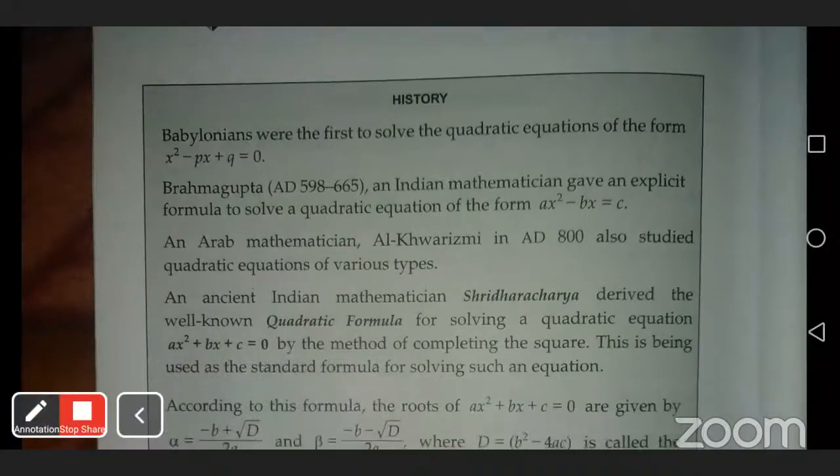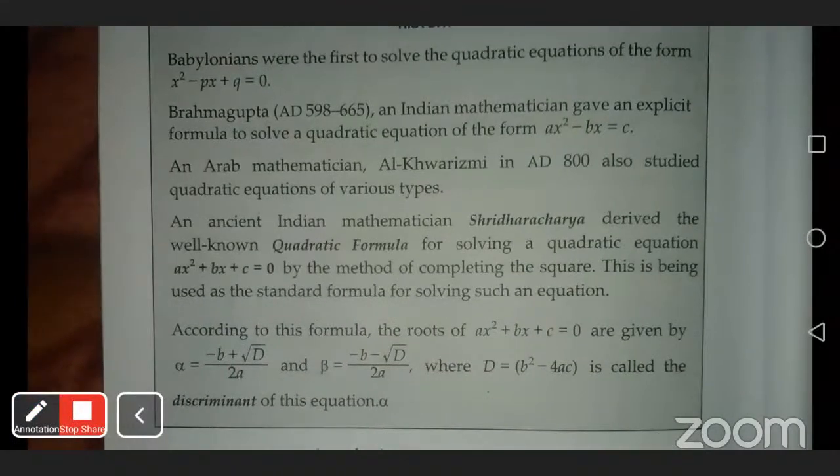During that period, an Indian mathematician named Brahmagupta gave an explicit formula to solve a quadratic equation of the form ax square minus bx equals to 3. An Arab mathematician Al-Khwarizmi in AD 800 also studied quadratic equations of various types. So these were a few mathematicians who studied quadratic equations in their times and also gave some formulas.